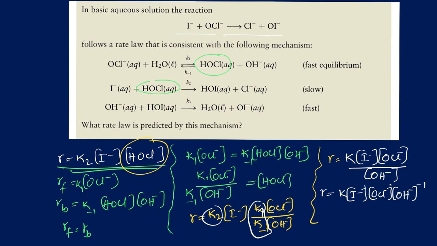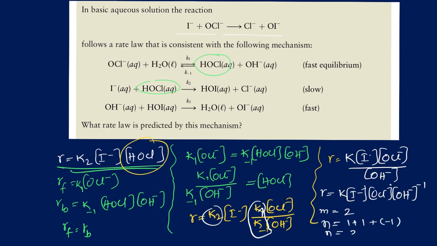Here the powers are 1 and 1. Molecularity: in this slow step, 2 molecules participated, therefore molecularity is 2. Order of reaction with respect to I minus is 1, with respect to OCl minus is 1, with respect to OH minus is minus 1.